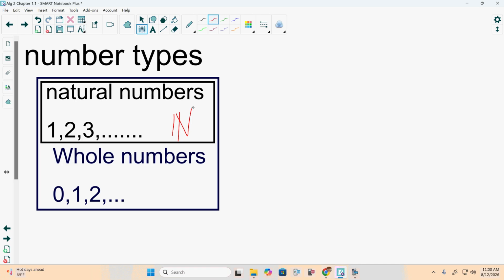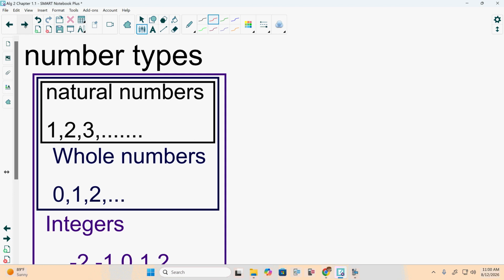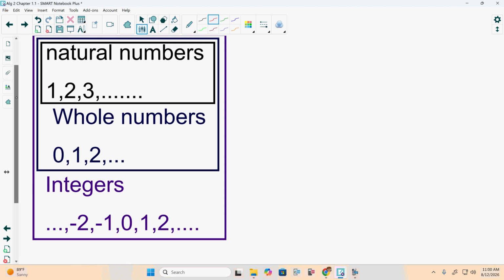Nothing. There's nothing. There's not one for whole numbers. Because, for the most part, if we're talking about whole numbers, they're not going to say whole numbers. We're going to say the positive integers. Or the non-negative integers. Not positive integers, non-negative integers. They skip right over whole numbers, because since we're just adding 0, we're not going to give it a symbol. We're just going to say the non-negative.